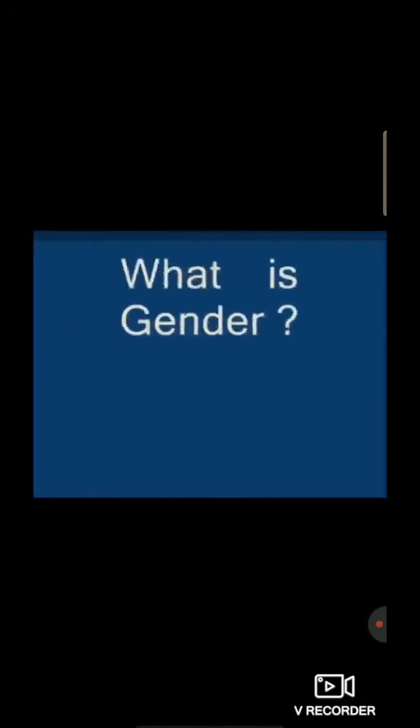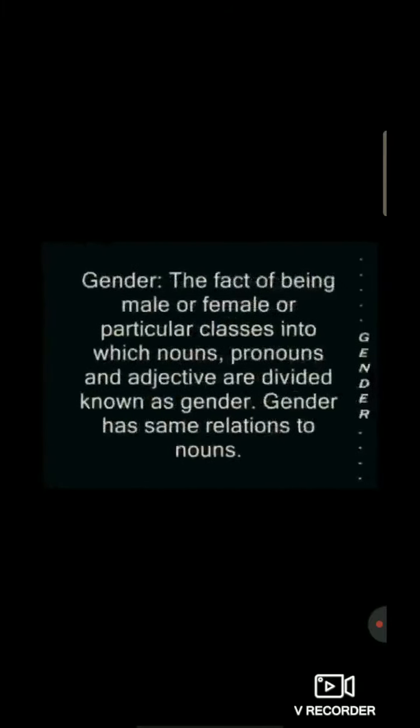So students, first of all, what is gender? Gender is the fact of being male or female, or the particular classes into which nouns, proper nouns and adjectives are divided, known as gender.